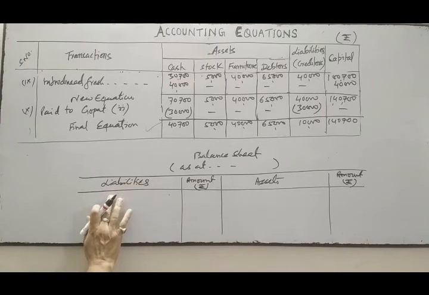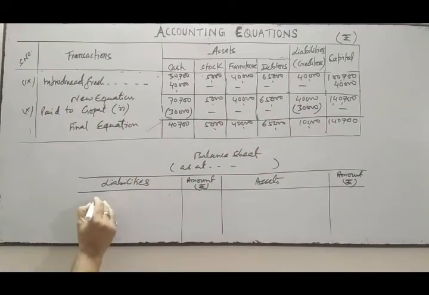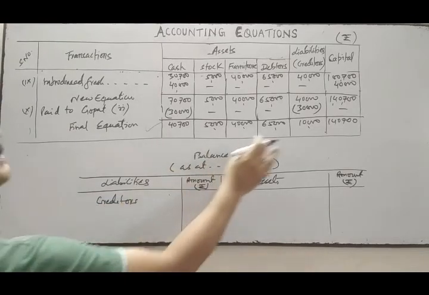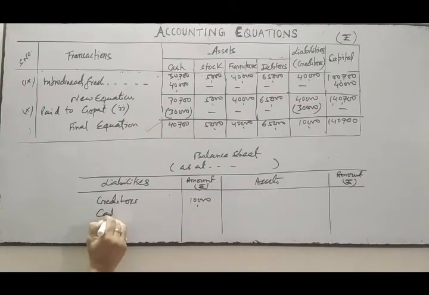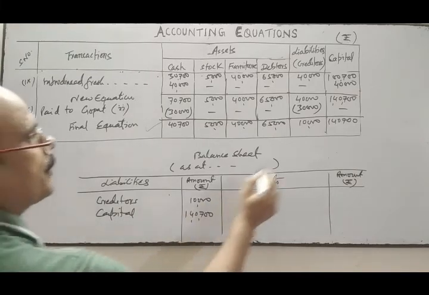Now come to liabilities, both external and internal: creditors' final balance is 10,000 and capital's final balance is 1,40,700.